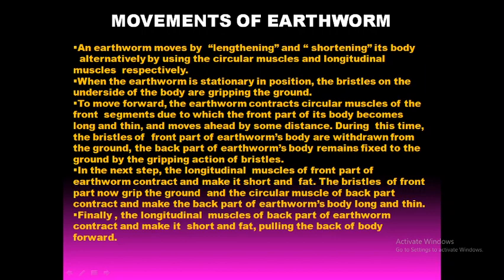And at this time, the back part of the earthworm's body remains fixed to the ground by gripping action. So here we can see the opposite action taking place in the frontal part and in the backward part of the earthworm's body.